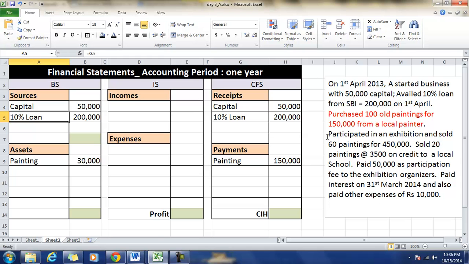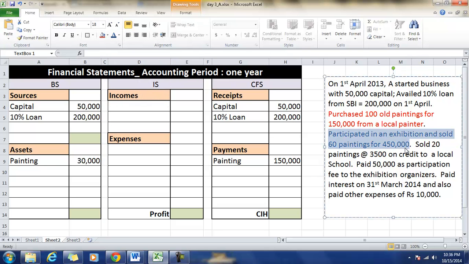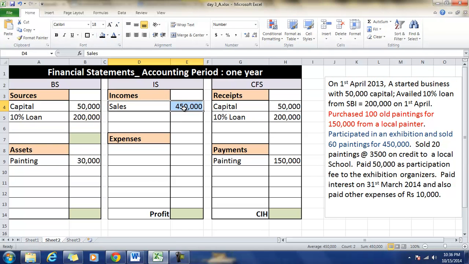Participated in an exhibition and sold 60 paintings for 450,000 for cash. So this is an income. I am making sales of 450,000.